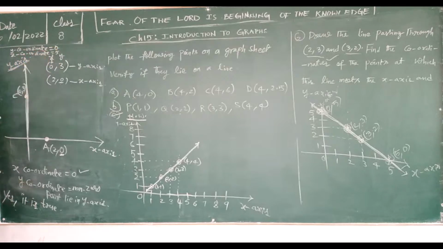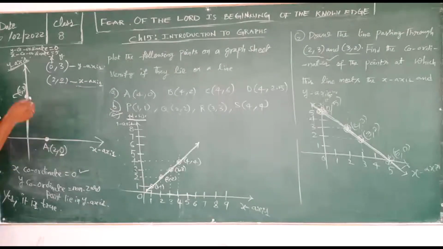And they said it lies on y axis. See here, y is 0 means it lies in which axis? So here you observe that y is 0, it lies in which axis? X axis. But what in the question were they saying? On y axis. So you need to write for the second answer.